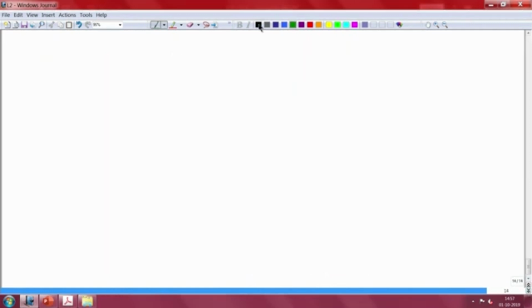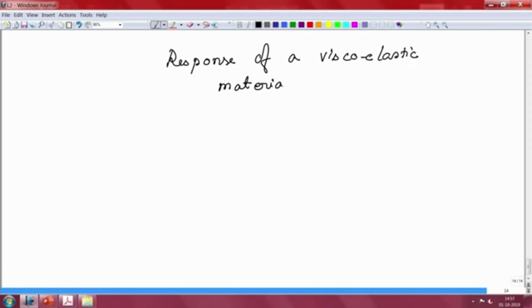Response of viscoelastic material. So, what we are going to do is the first test where we apply a known amount of strain.